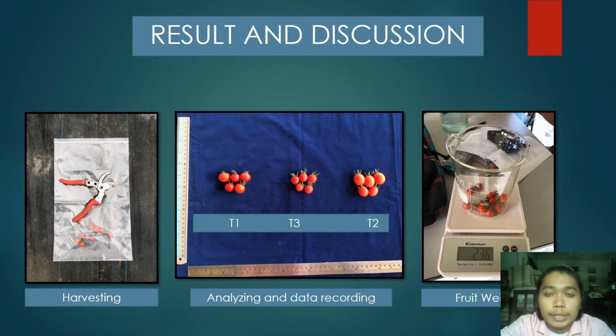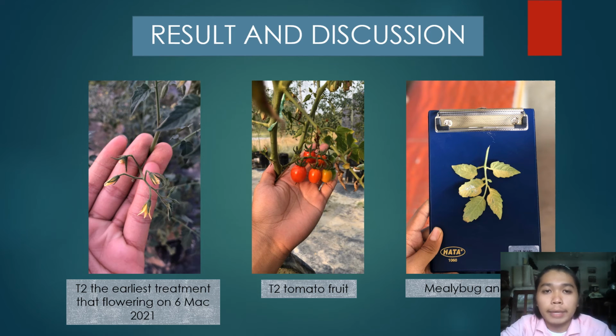This is my result and discussion for analyzing and data recording. This activity was done after harvesting. I measured the tomato and fruit weight. Okay, this is my last result and discussion.